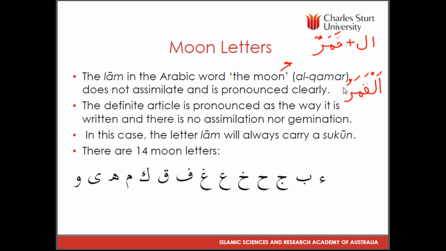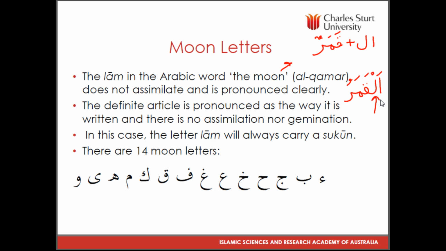Look, in this one, the lam is there and you should pronounce it with sukun for these 14 letters. Okay? The lam is there in writing, and in terms of articulation, pronunciation, it should also be pronounced. It does not assimilate.